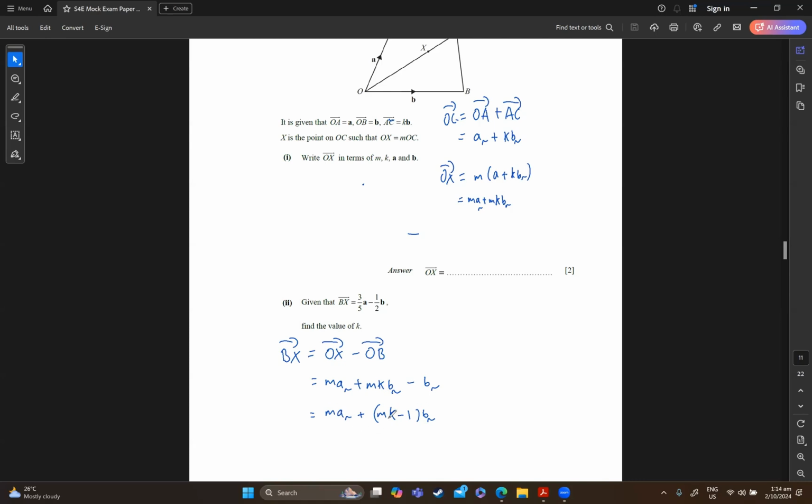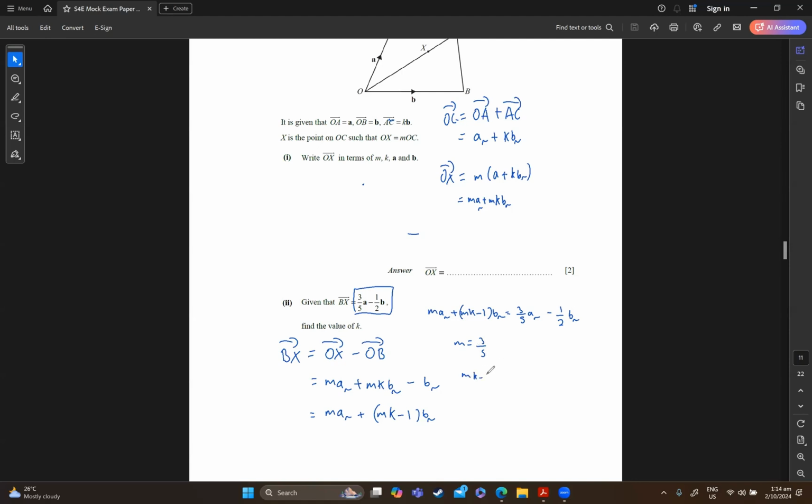Okay, so now we have a new expression for BX. We equate it with this. Okay, so M equals 3/5.